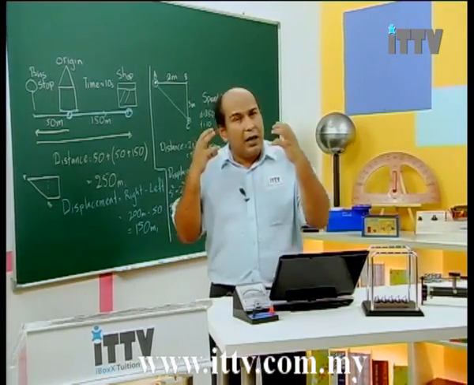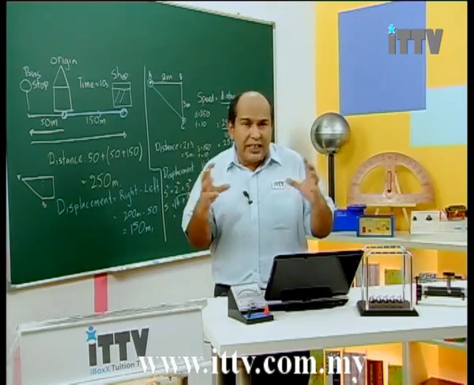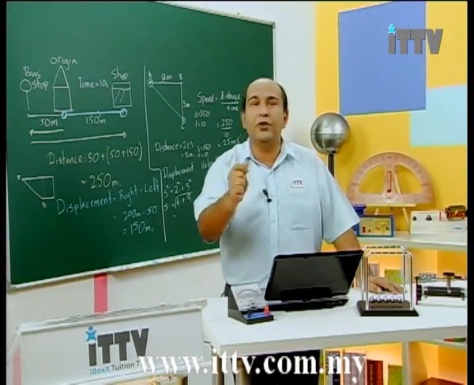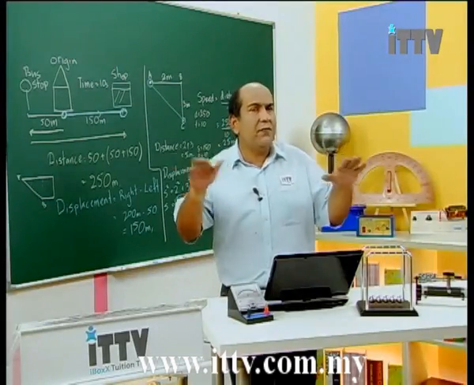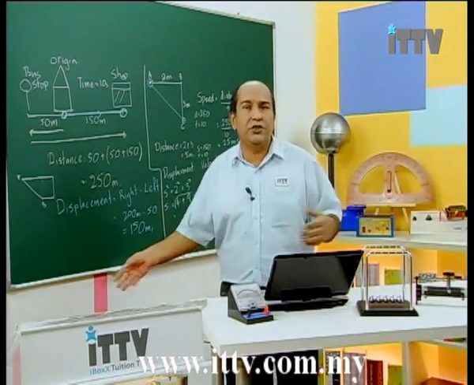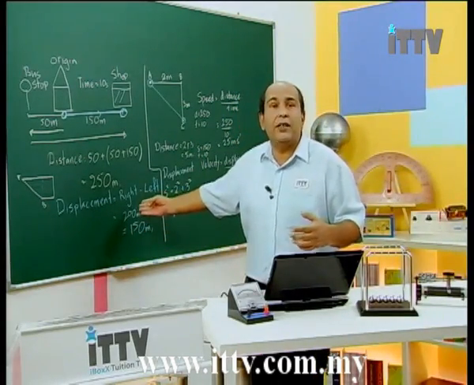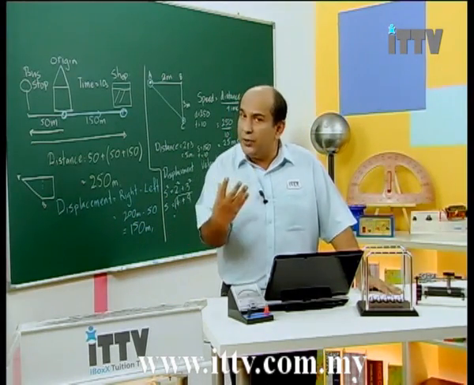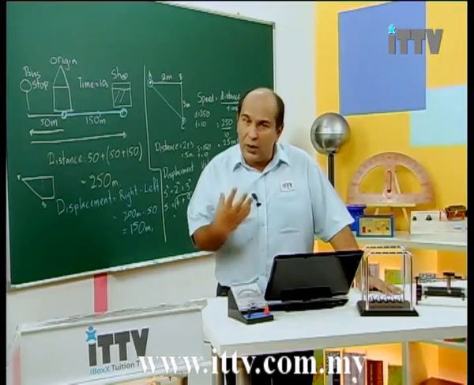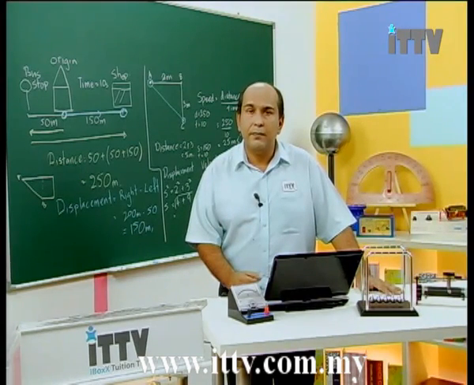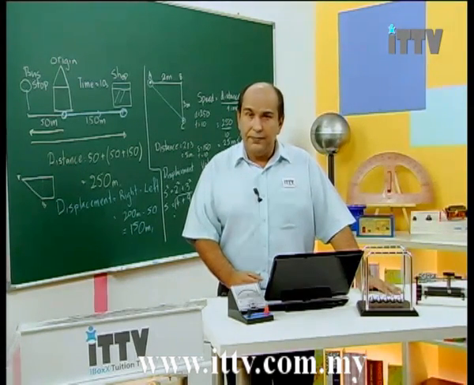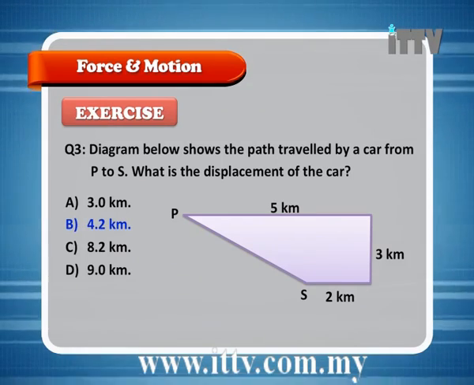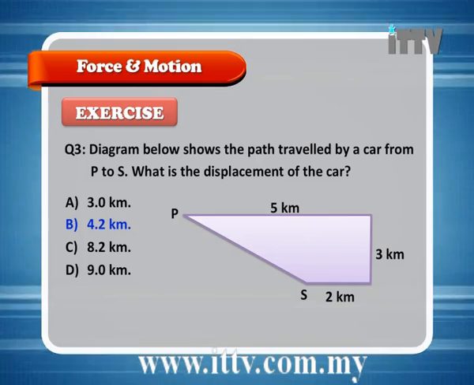You've got to be able to understand these things. When you see questions like this, understand, oh, I'm changing direction, I've got to use Pythagoras. If it's straightforward left and right, remember we just use the left minus right or the right minus left method. So quickly do your Pythagoras, work out the answer. Have you done it? Let's check the answer. Answer B, 4.2 kilometers.